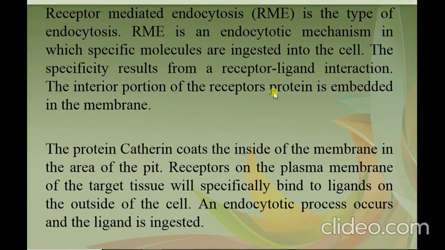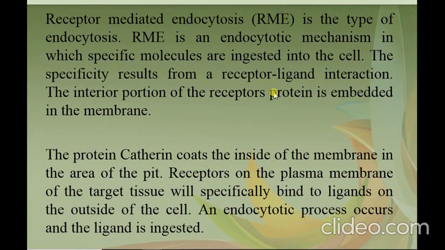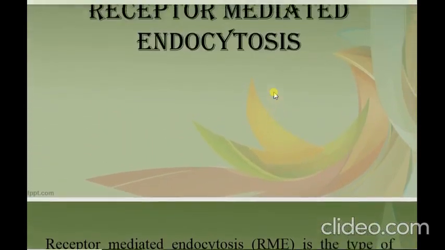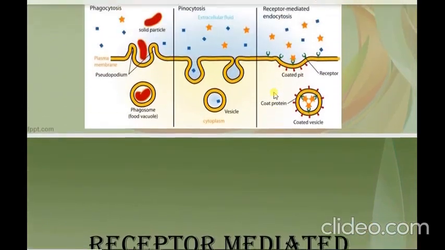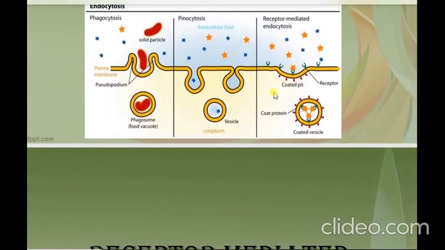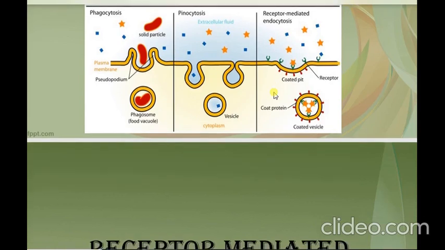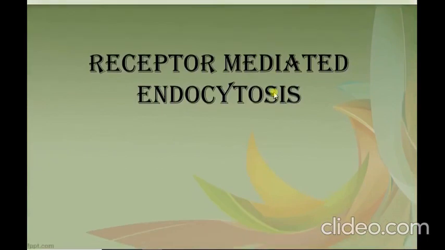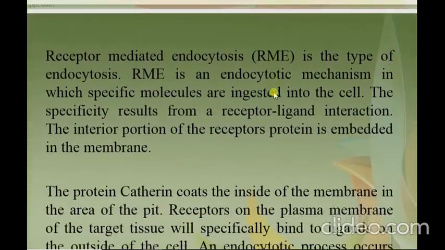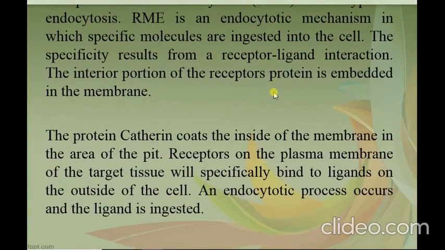The protein clathrin coats the inside of the membrane in the area of the pit. As we have seen in the figure earlier, I was speaking about the protein in the coated pit. Outside, these red dots are of the protein clathrin.